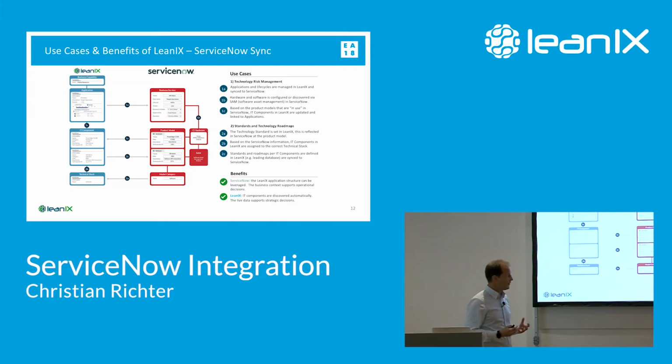Just from experience in the numerous conversations that I have, it's very crucial to have a common understanding on this level. That might sound very superficial, but it's mandatory that you have a common understanding between EA and ITSM. What is an application? What are we really talking about?